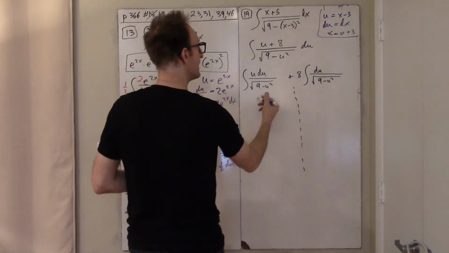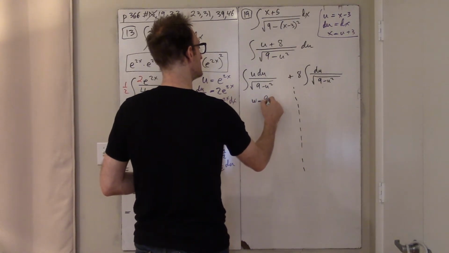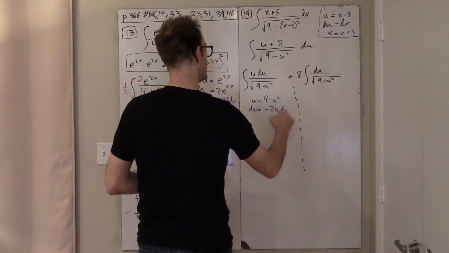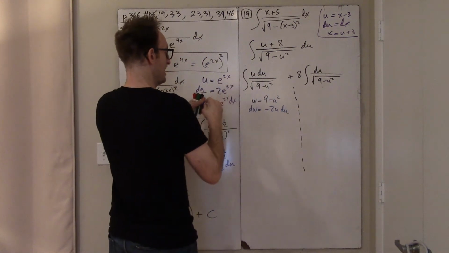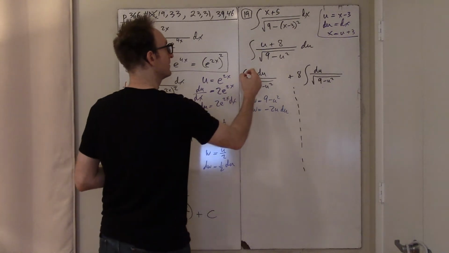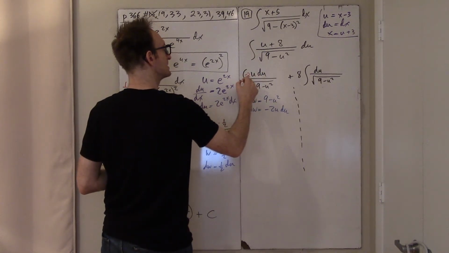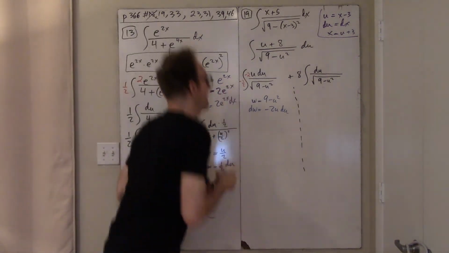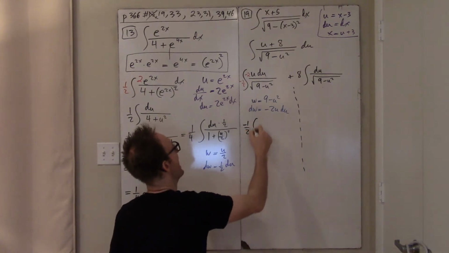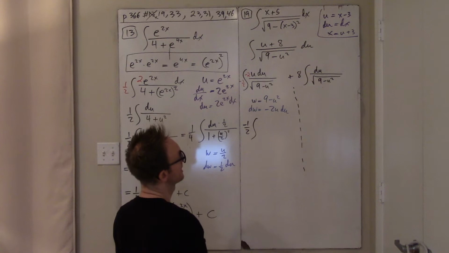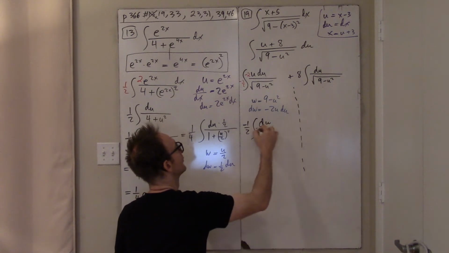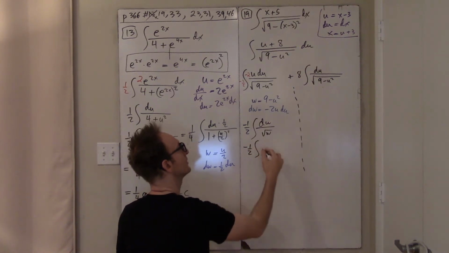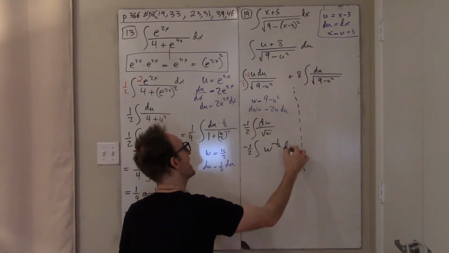Here, I will let w be 9 minus u squared, then dw is negative 2u du. I am going to stick a negative 2 in there, and undo the damage with a negative 1/2. So this left antiderivative becomes negative 1/2 times dw over root w, which can be rewritten more helpfully as w to the negative 1/2 dw.